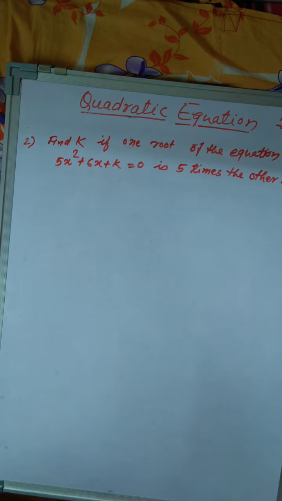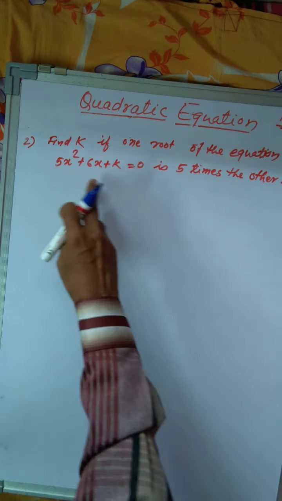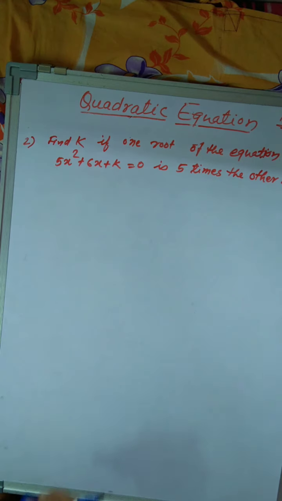Now second example: find k if one root of the equation 5x square plus 6x plus k is equal to 0 is 5 times the other.